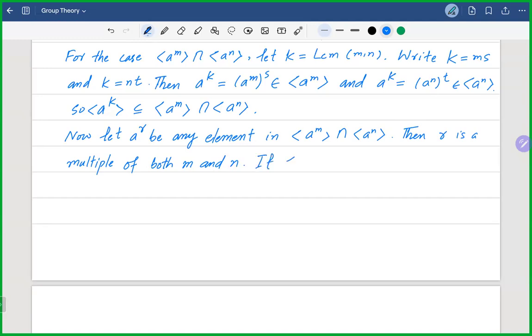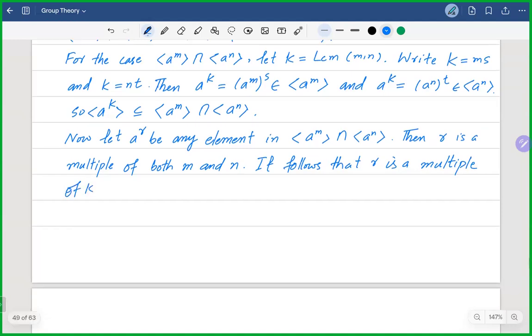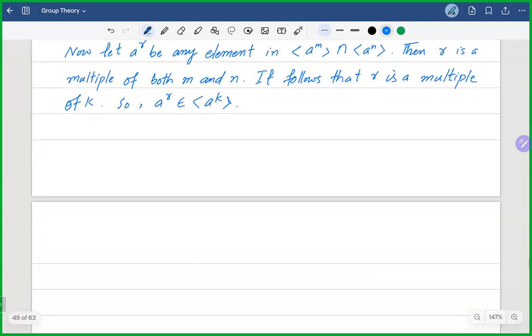It follows that r is a multiple of k. So a^r is also in the set generated by a^k. And this proves the other side. And then you can say that the generator of the intersection is a^k. Perfect.